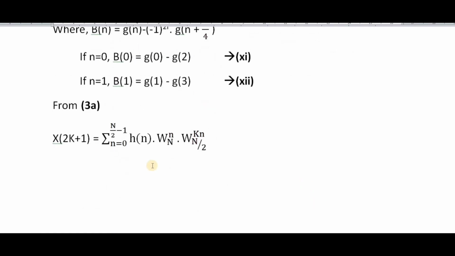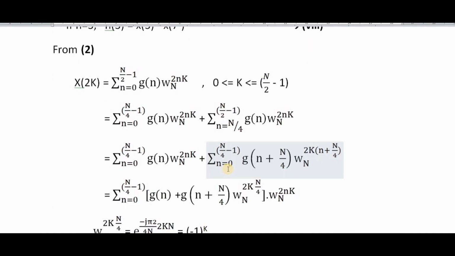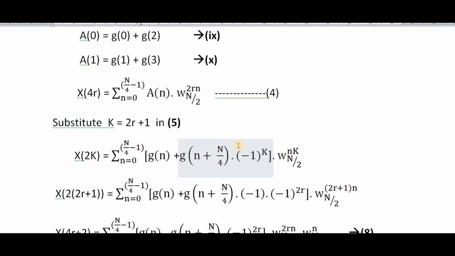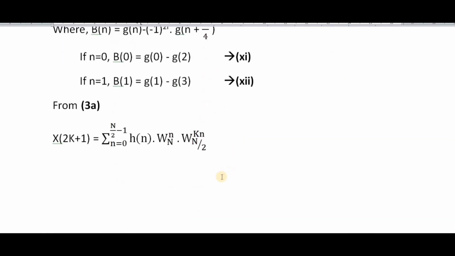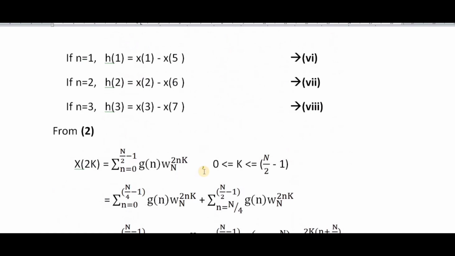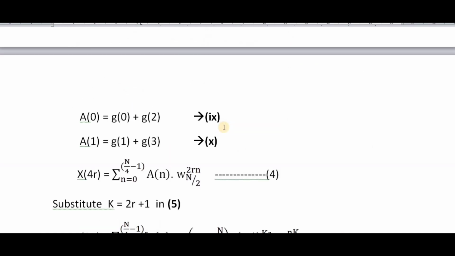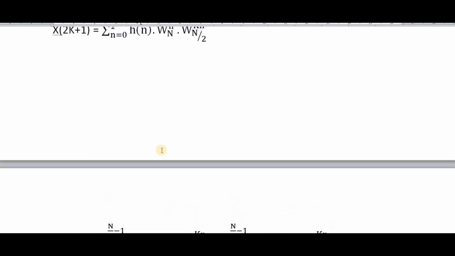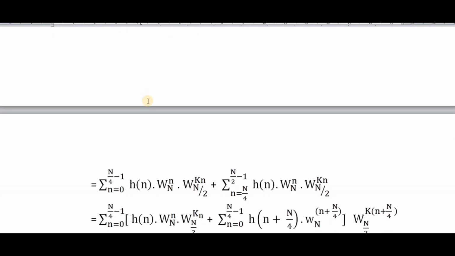So from this equation, x of 2k plus 1 is equal to summation n is equal to 0 to n by 2 minus 1 of h of n Wn power n into Wn by 2 of kn. From equation 3a, you have to substitute, instead of n is equal to 0 to n by 2 minus 1, you can write it as n by 4 minus 1.